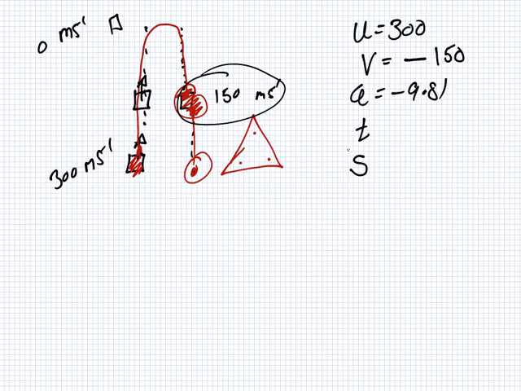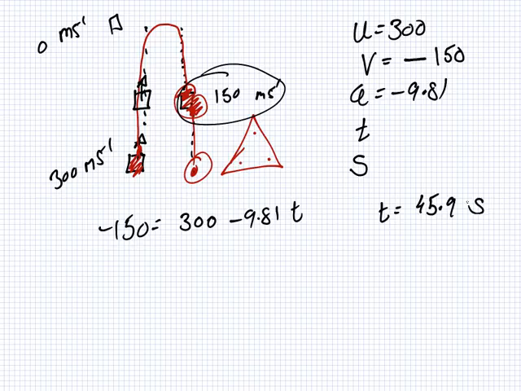V equals U plus A T. T equals 45. No, it's not realistic. No bullet stays this long in the air. Sorry. Maybe a sniper rifle. 45.9 seconds.